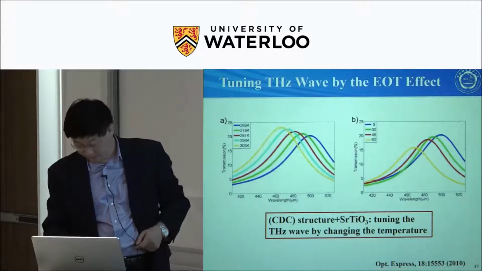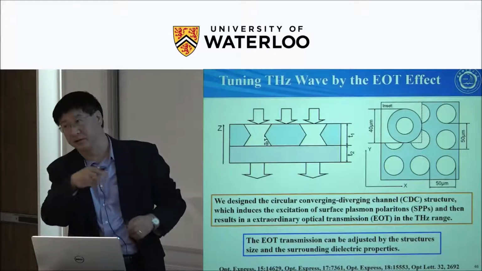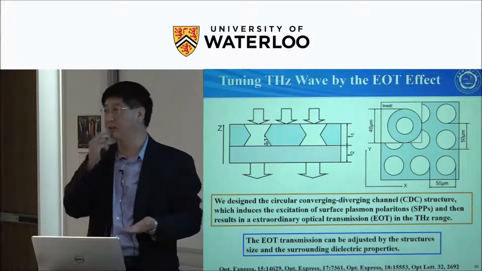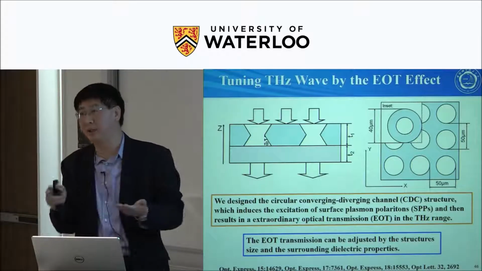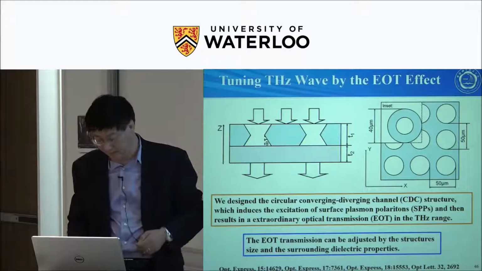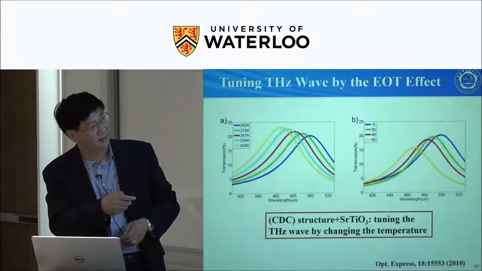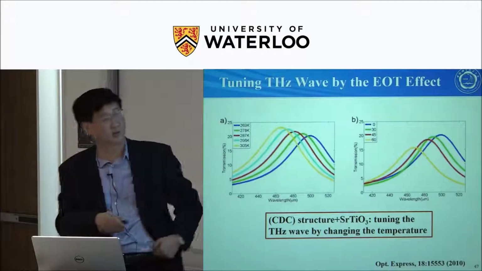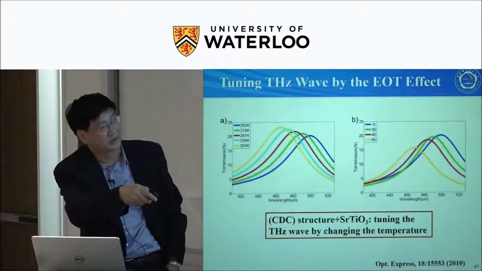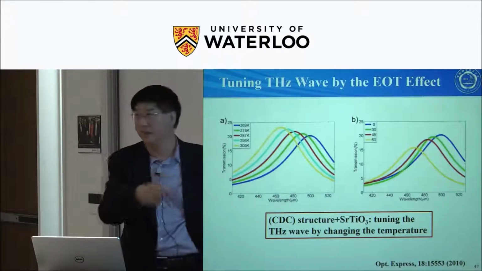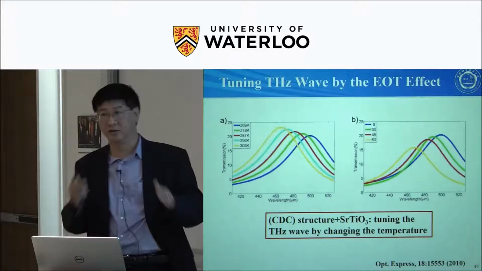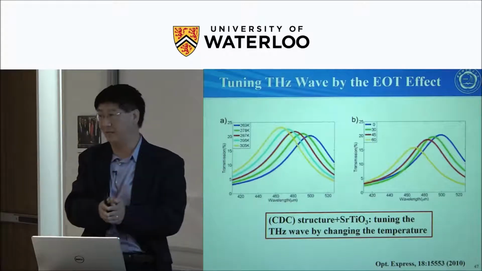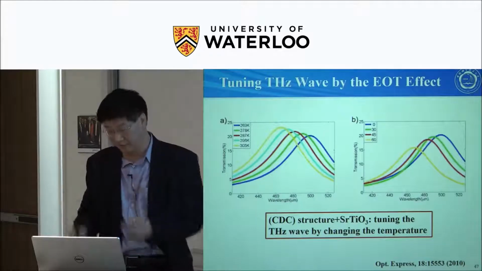Then we make these structures on top of tunable material. For example, we make a dielectric material. You can use microwave to tune it. Then we tune this structure, and we can tune the peaks through different areas. So this is the structure we made on strontium titanium oxide. So we make these tunable terahertz filters actively, okay, actively, not like this mechanical tuning stuff.